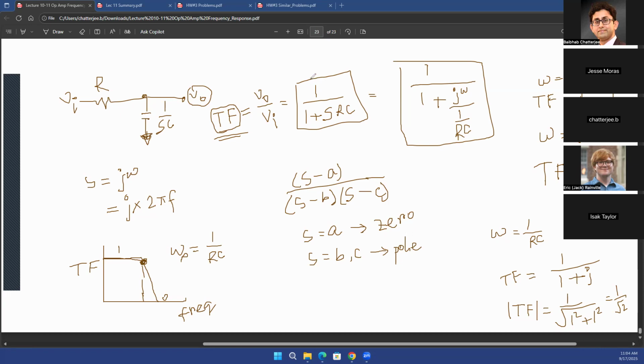Now, if you go back to this particular transfer function and you represent it in this form, how would it look like? You, of course, have to divide your numerator and denominator by RC to come up with this kind of equation. So your transfer function will become 1 over RC divided by S plus 1 over RC.